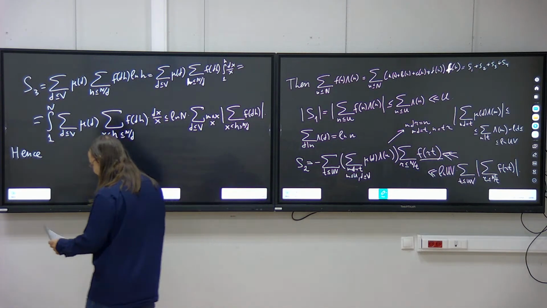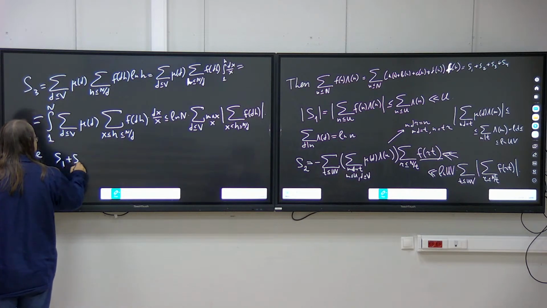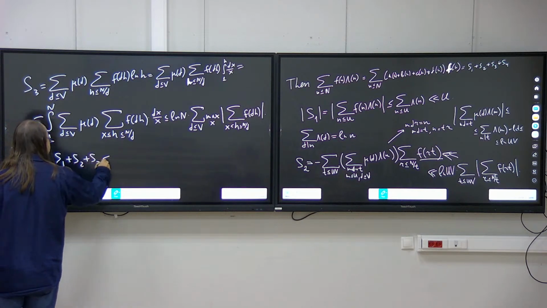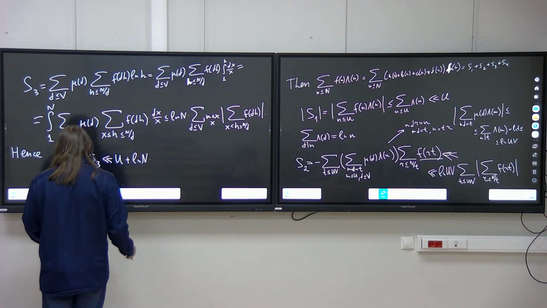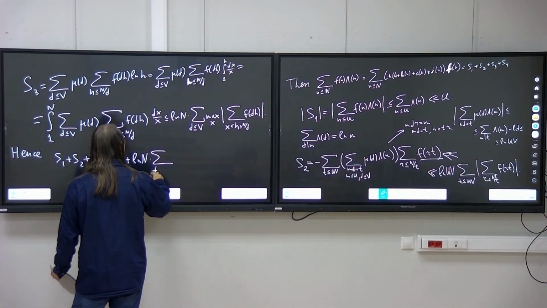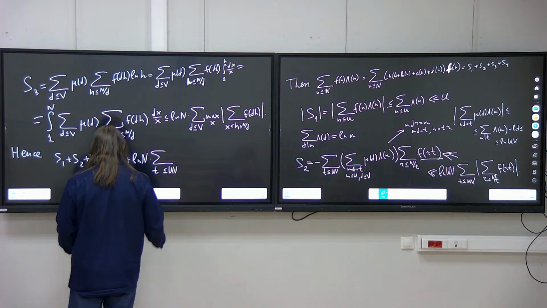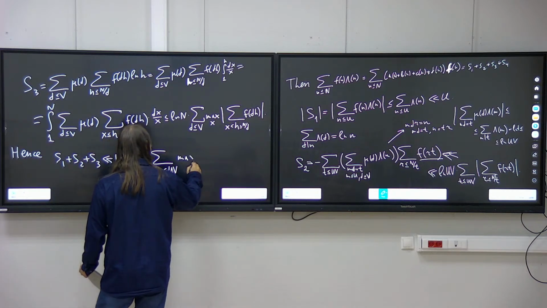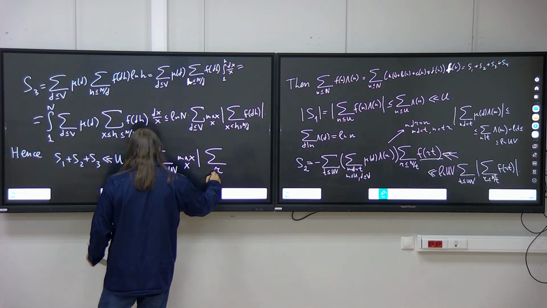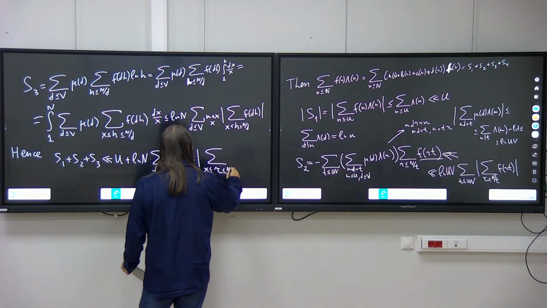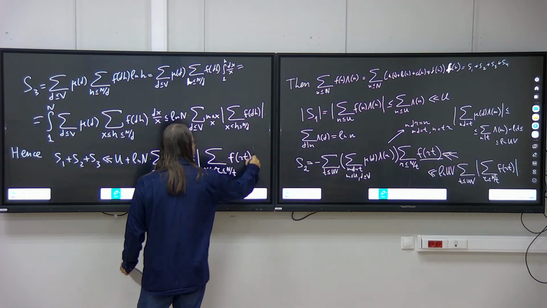And so you get S1 plus S2 plus S3 is at most U plus log n times the sum over all t less than or equal to UV, maximum over all x, sum over all r greater than or equal to x, less than or equal to n over t, f of rt.